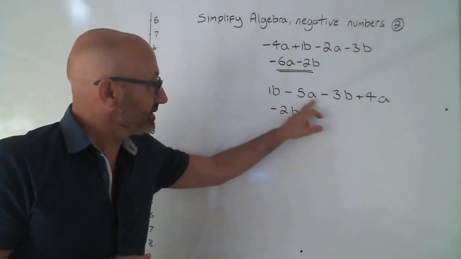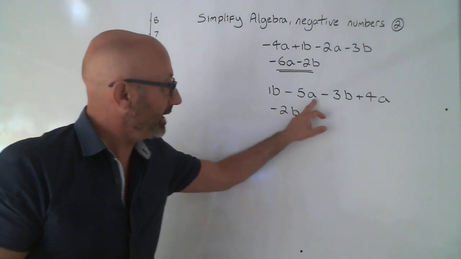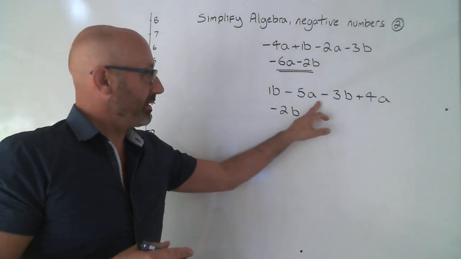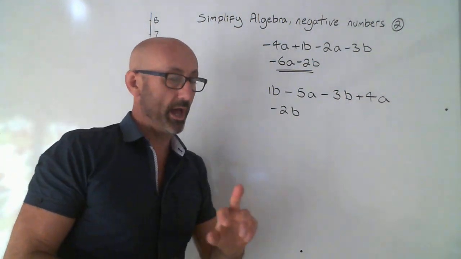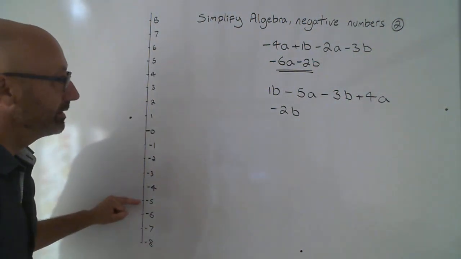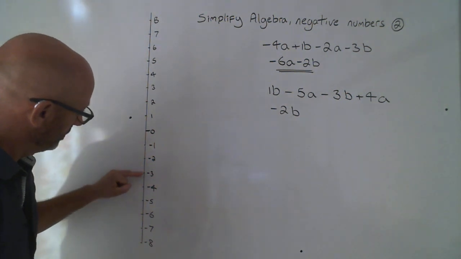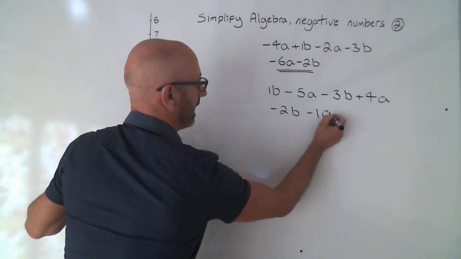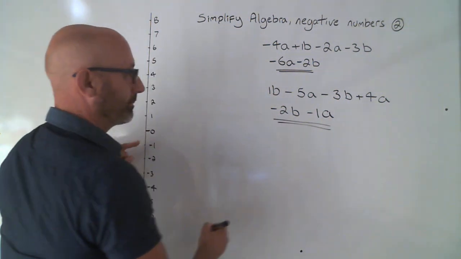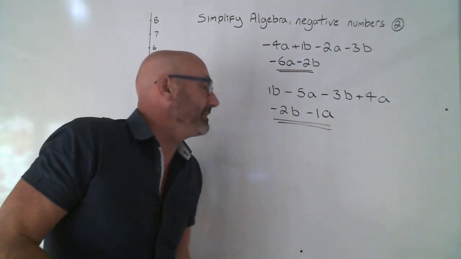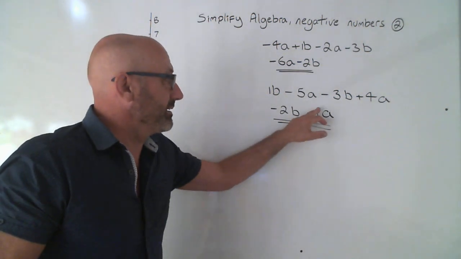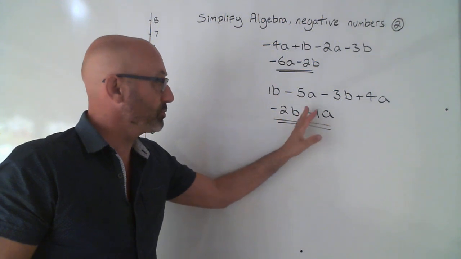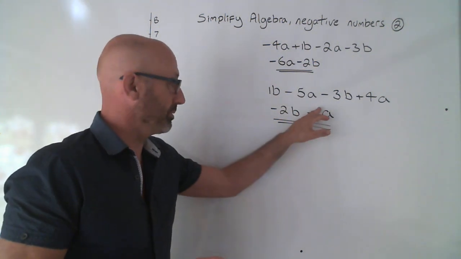Then let's do the apples. Can you think what the answer for the apples is? We got that and we got that. So we got minus 5a plus 4a. So minus 5a plus 4a is minus 1a. Minus 1a, you can write that as minus a, to fully simplify it, but minus 1a is just as good, not a problem at all.